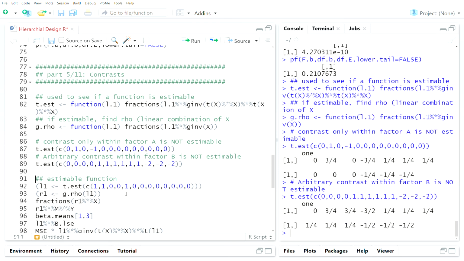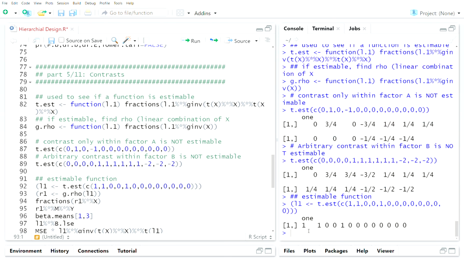Okay, so here is an estimable function, and I'll explain what it is in a second. First of all, it's tested, and notice we get the same linear combination back. The first one deals with the mu parameter, and the next 3 are the alpha.